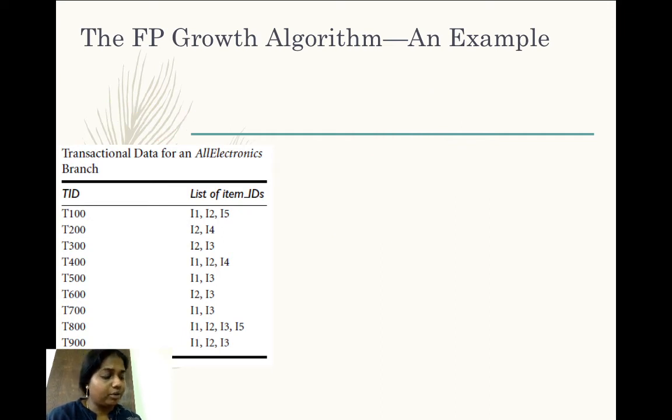Now I should go into transaction 4. When I'm adding transaction 4, I'm having the null value here.